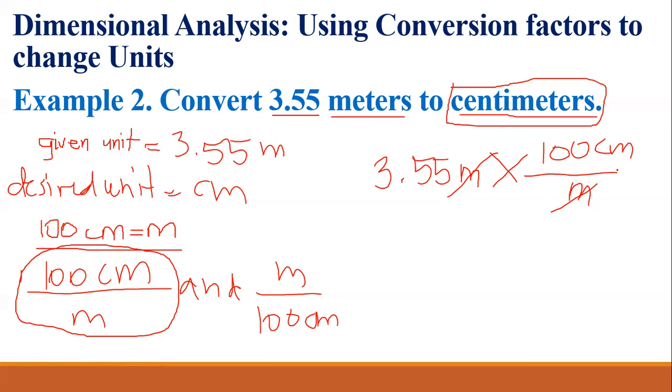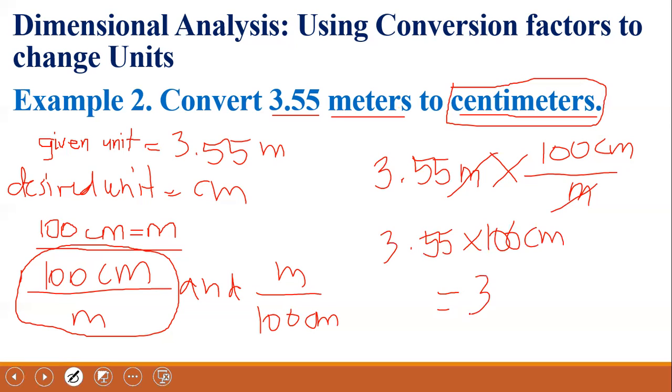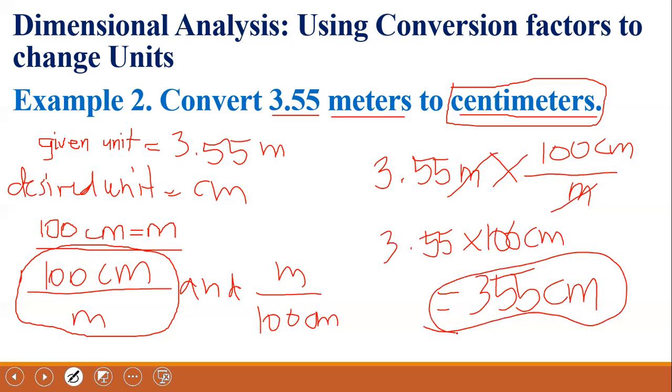Each conversion factor should be entered if you use a calculator. Alright, so 3.55 times 100 centimeters is now equal to 355 centimeters. Okay?